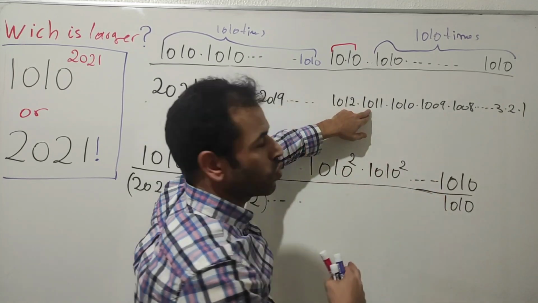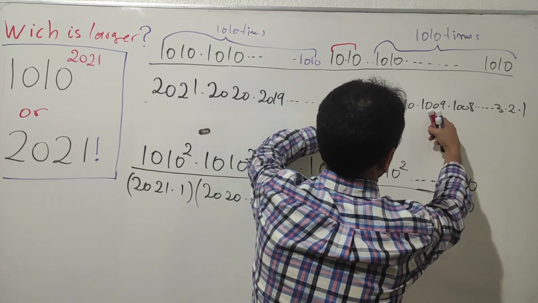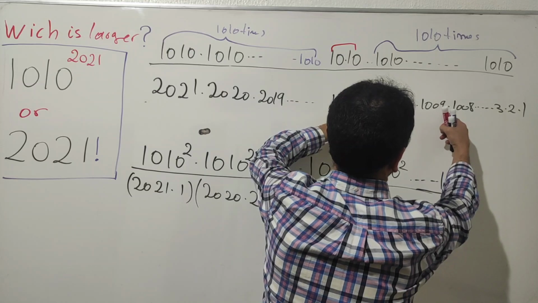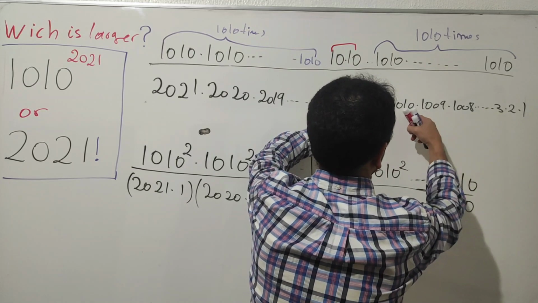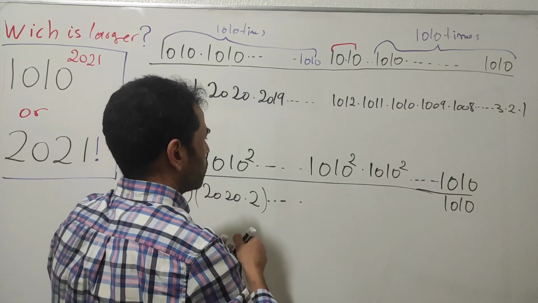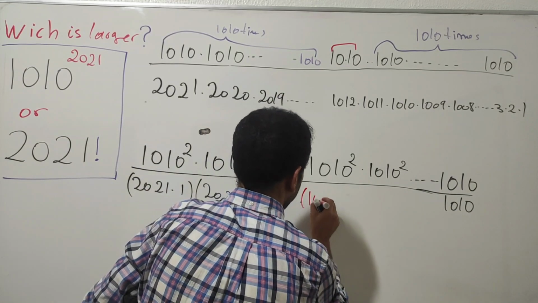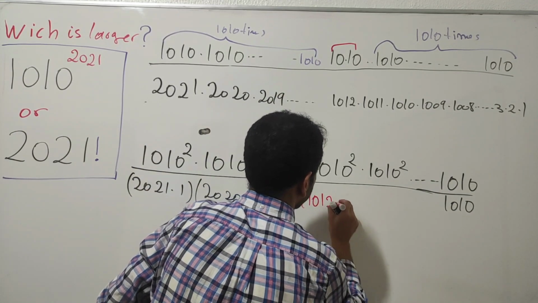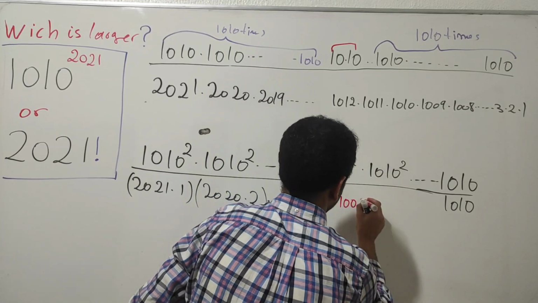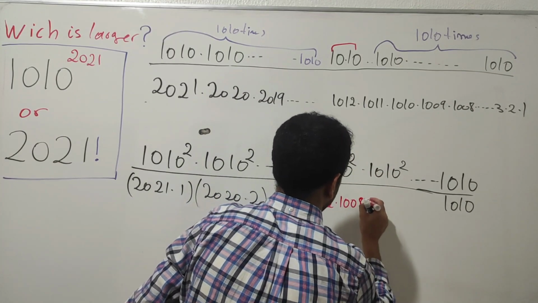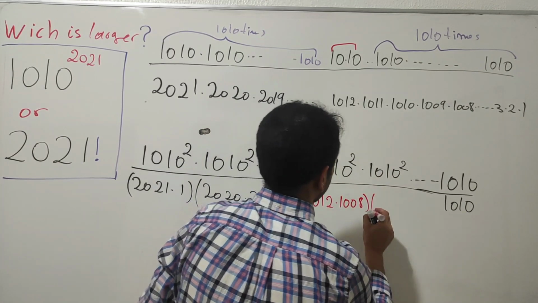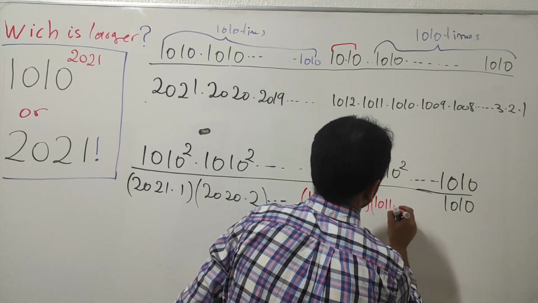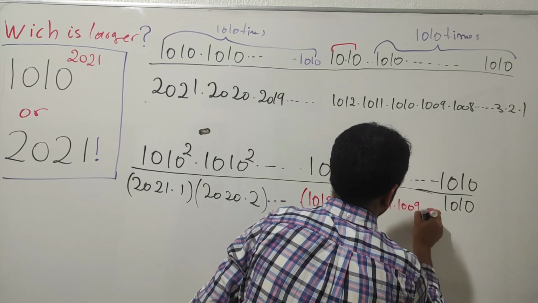Since we moved in this direction, we get 1011, which goes with 1009. So we are going to meet here. Let's put them together: 1012 goes with 1008, and the other one goes with 1011 and 9, like this.